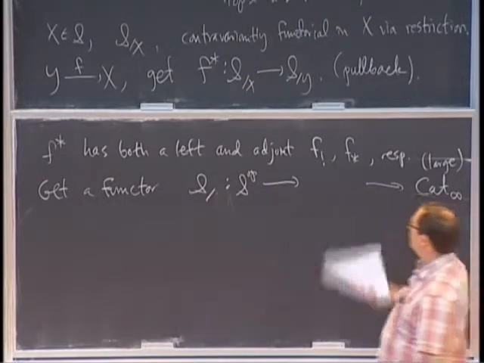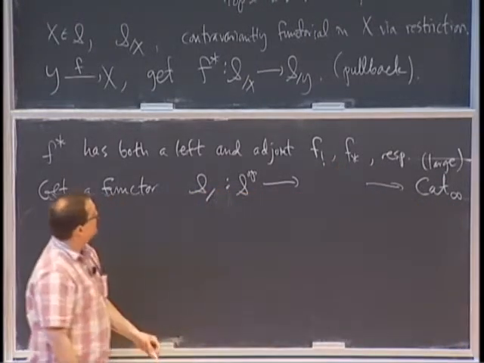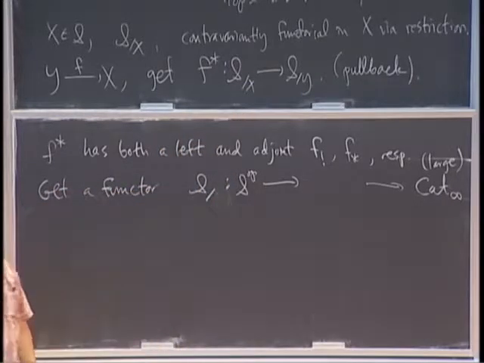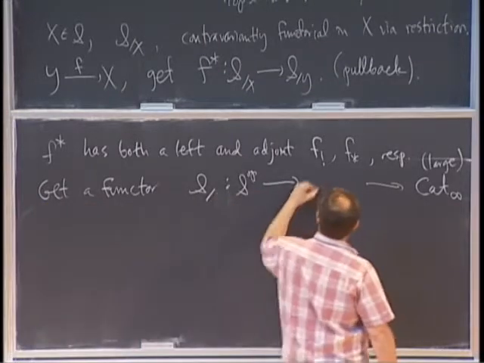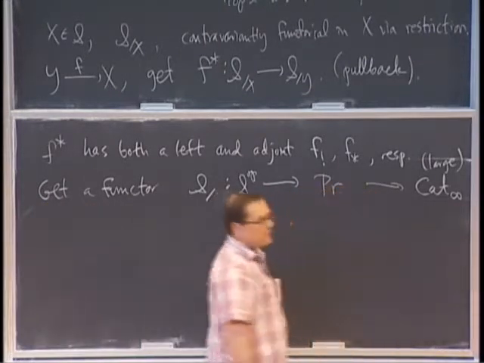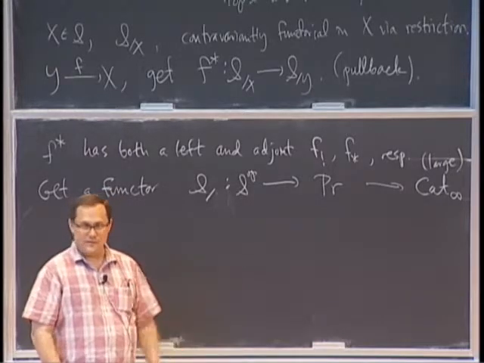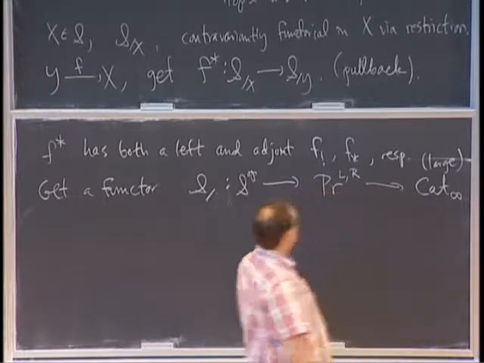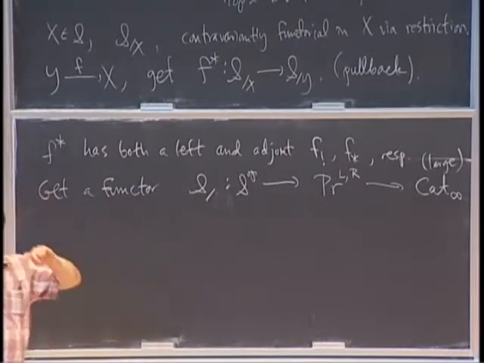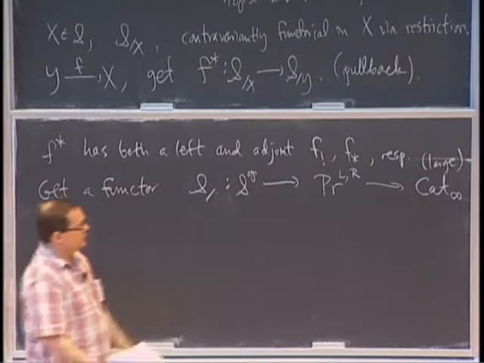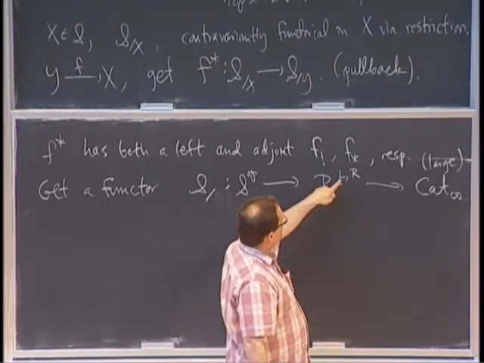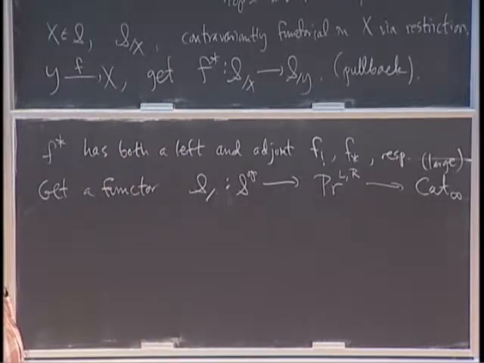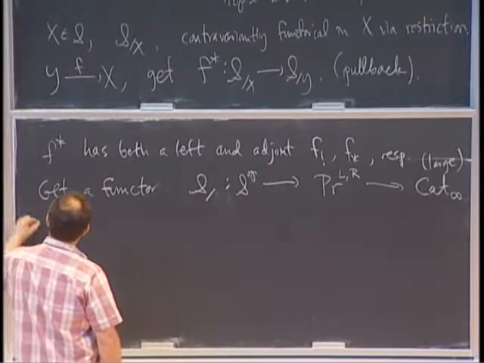But because it has these adjoints, and because these slice categories are nice types of infinity categories, are presentable, it actually factors through the category of presentable infinity categories, which I'll write like this. And the maps are functors which simultaneously admit a left and a right adjoint, or rather, functors which are both left and right adjoints, from this discussion.